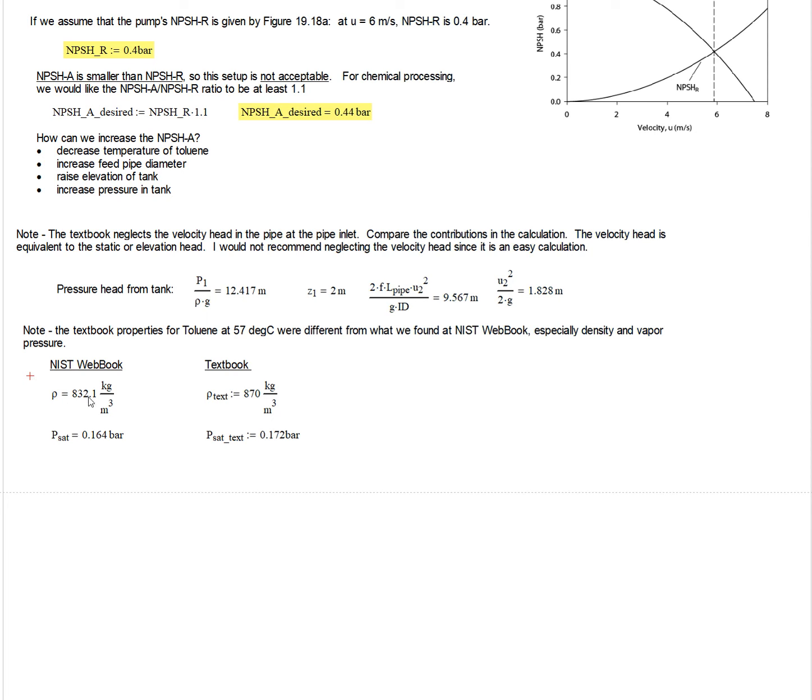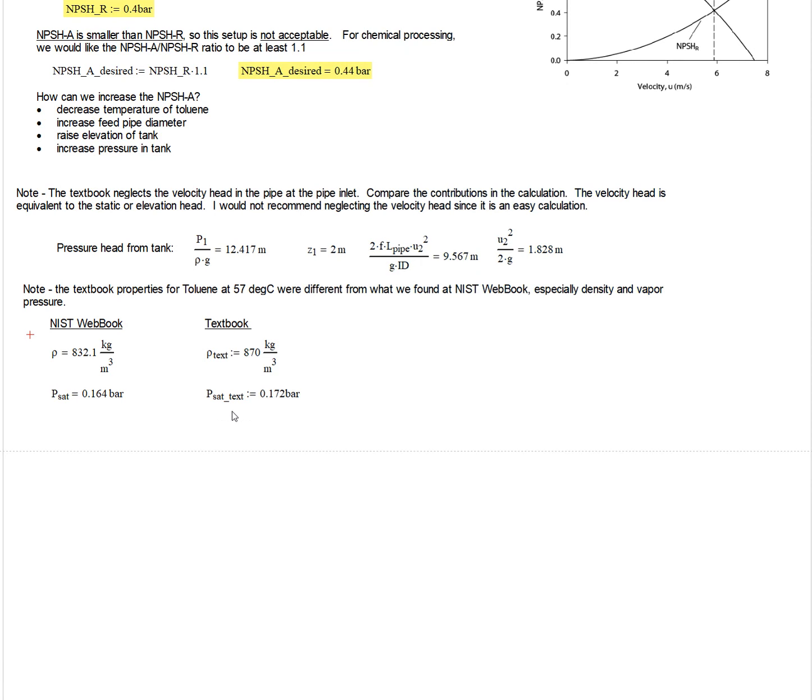But anyway, you can see that there's some pretty big differences in, for example, the density that was used, which is going to go into the Reynolds number calculation and into our pressure head calculations. So there's a big difference there. There's also a difference in the saturation pressure, the vapor pressure. So again, be careful about the sources that you're using for your properties. Make sure that you're using good sources.